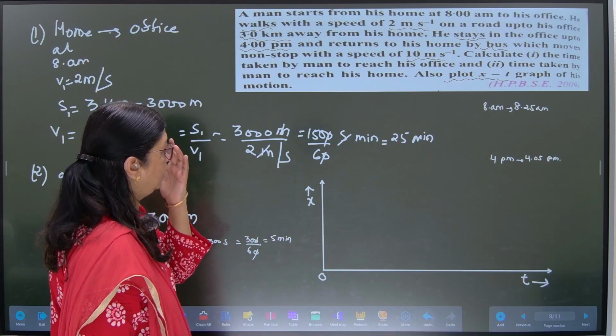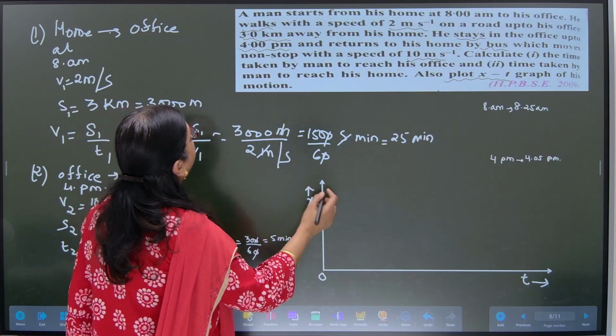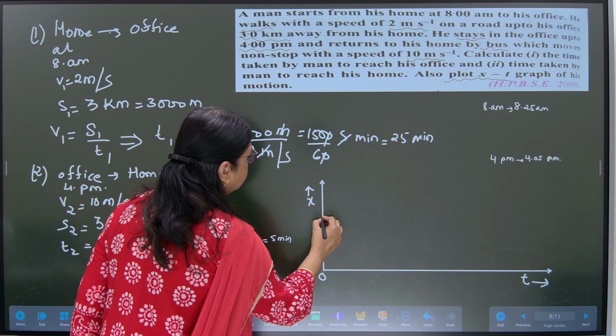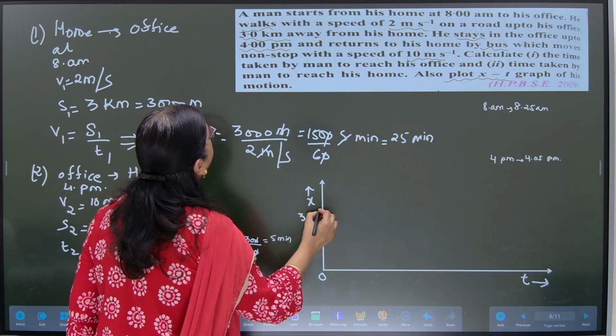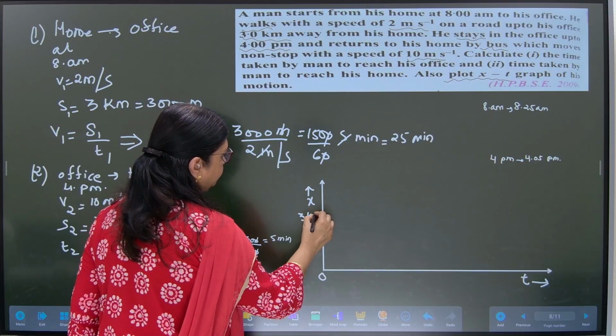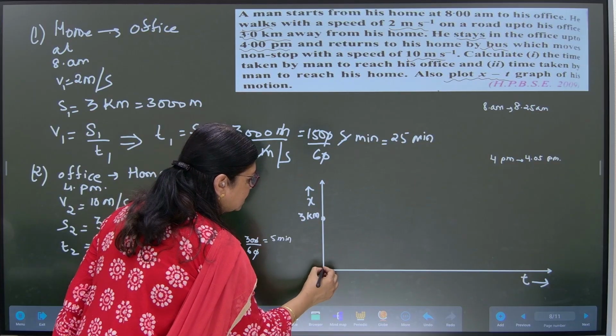Now from the question itself, they have given us that the maximum distance traveled by the person is 3 kilometers. So we note down that here. Now we got that he started at 8 o'clock.